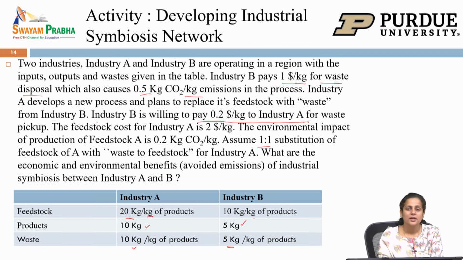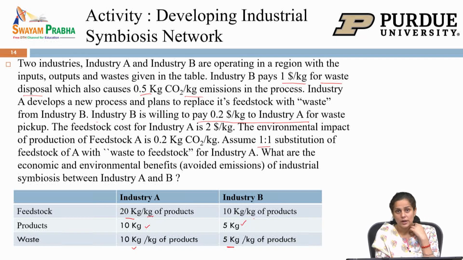So, the smart thing for industry A is that it creates the environment conducive for industry B to consider this proposition, and on the other hand industry B is thinking that I need to pay significantly less, about 80% less to process per kg waste.